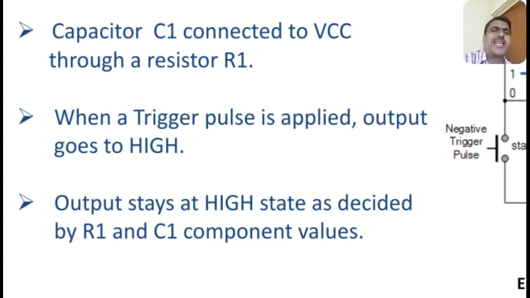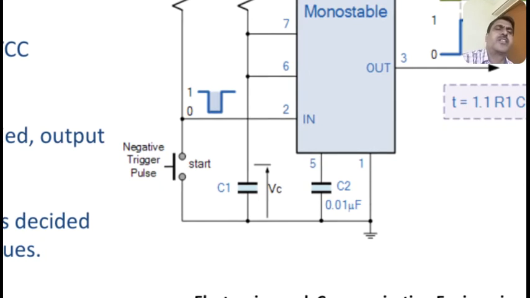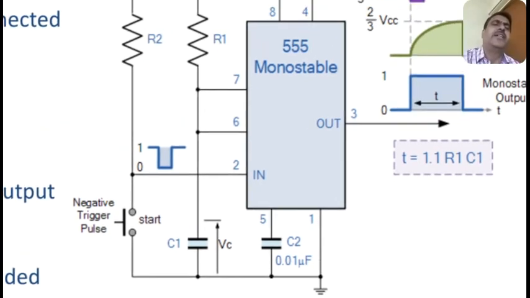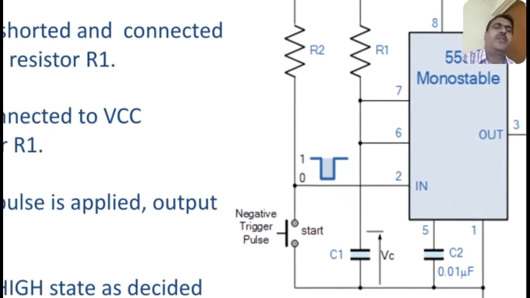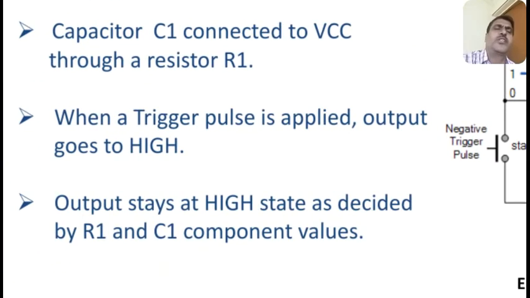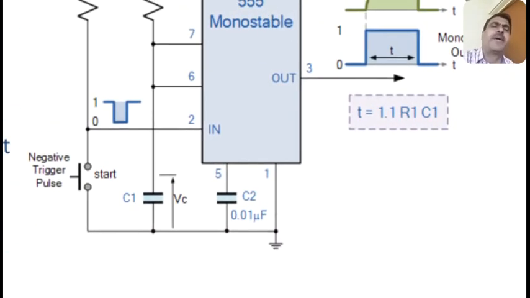Output stays at high state as decided by R1 and C1 component values. Okay, so the capacitor discharging time and charging time both will decide the time period of the output high pulse. So when the output changes to high, what happens? The capacitor will start charging.